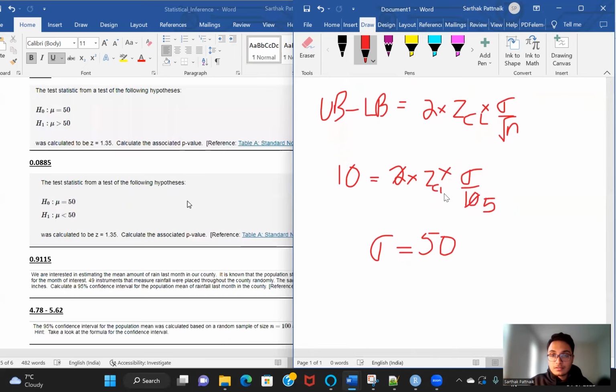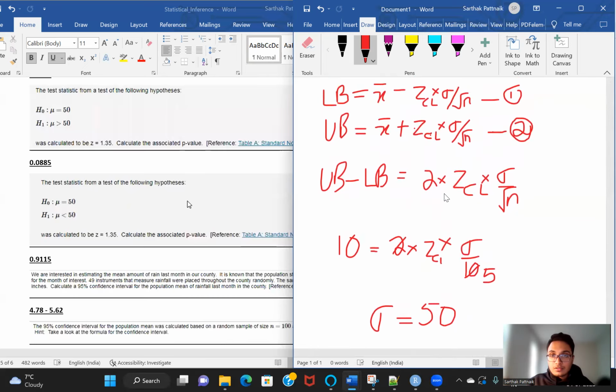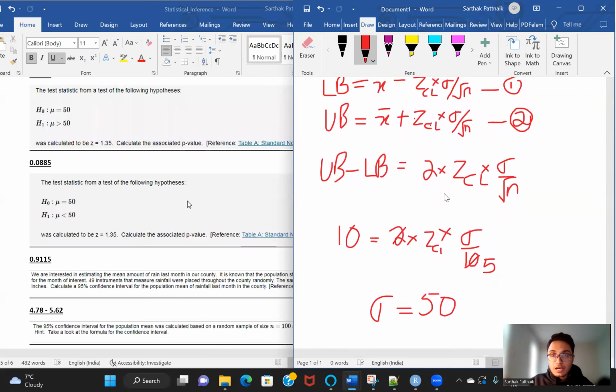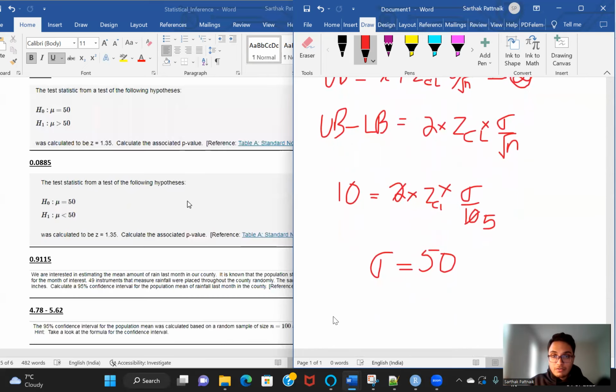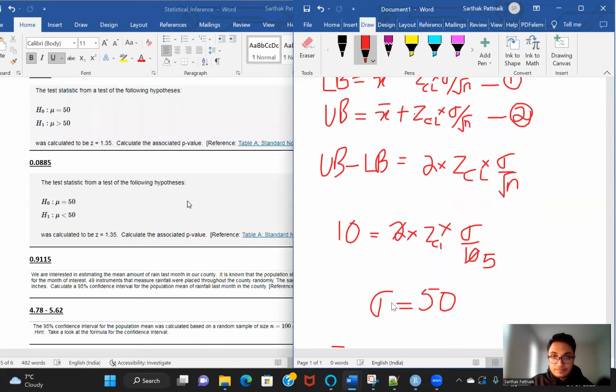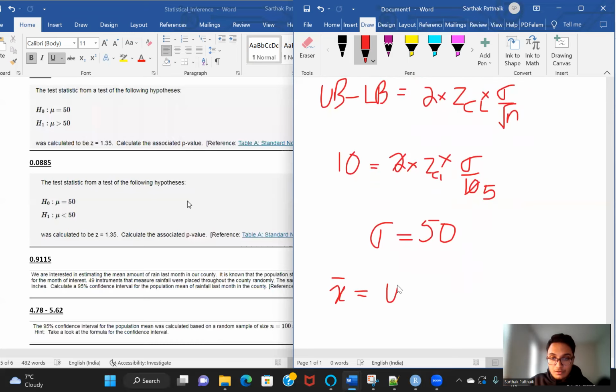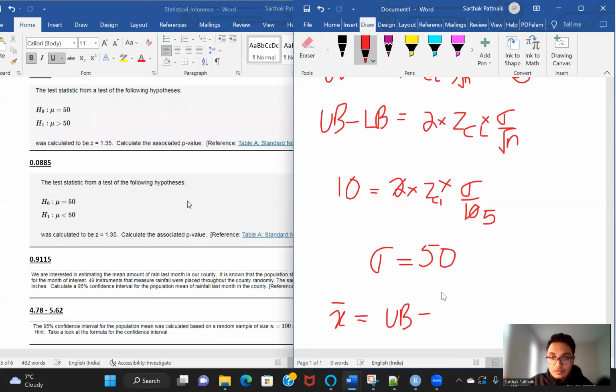Now you put this in any one of the two equations. Let's do that. So I'll take the equation of the upper bound. So my value of x bar will be upper bound minus Z critical into sigma by root n.